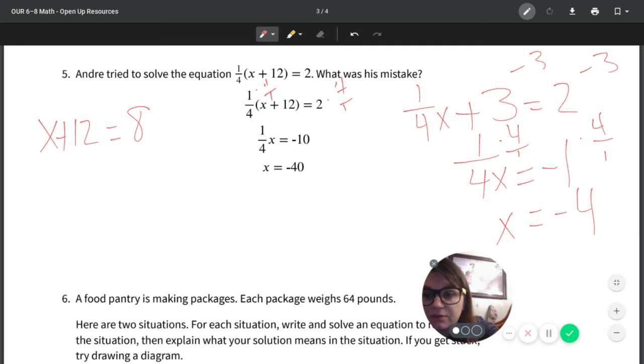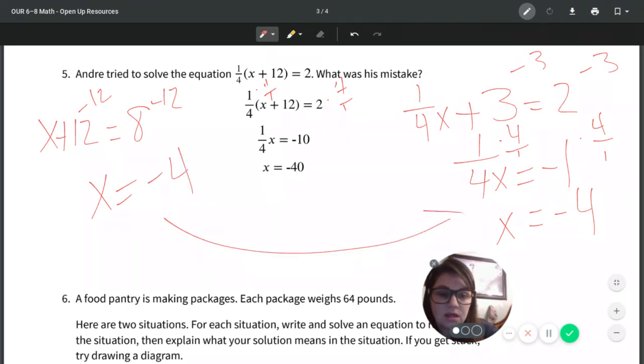And if we subtract 12, or the constant, from both sides, we will end up getting x is equal to negative 4. So there's the way to work it both ways. Each way we got the same answer, so we know that that's a good solution. And I think where Andre made his mistake was he tried to combine the two and he skipped completely what he needed to do with the 12.